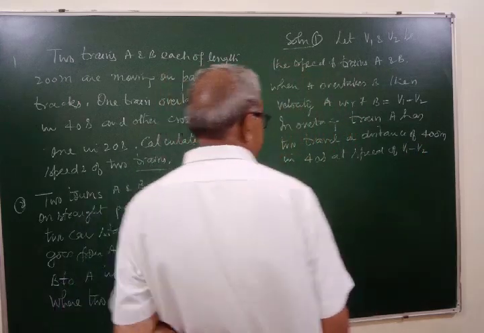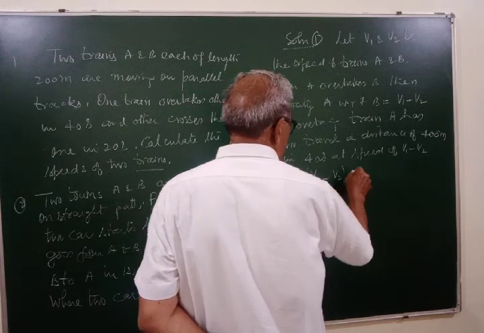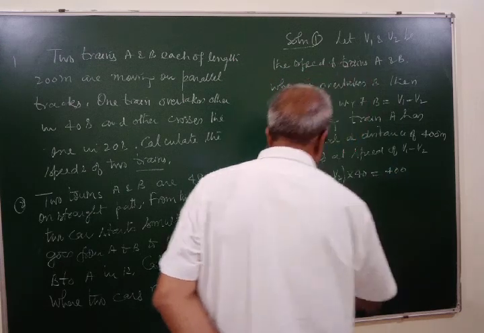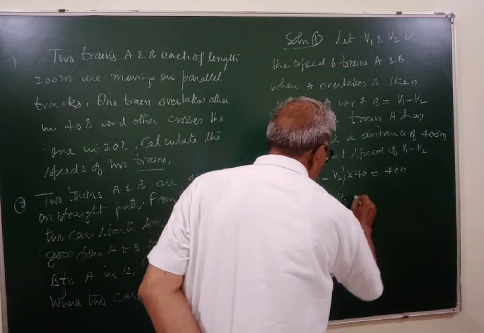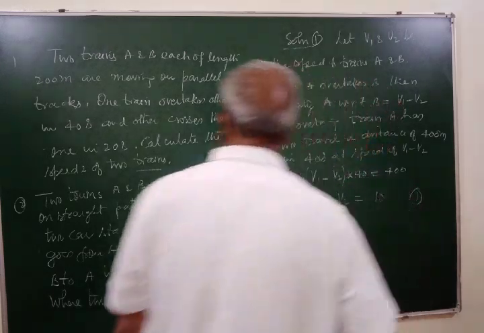Hence V1 minus V2 into 40 equals 400, and from here V1 minus V2 equals 10 meter per second, equation 1.